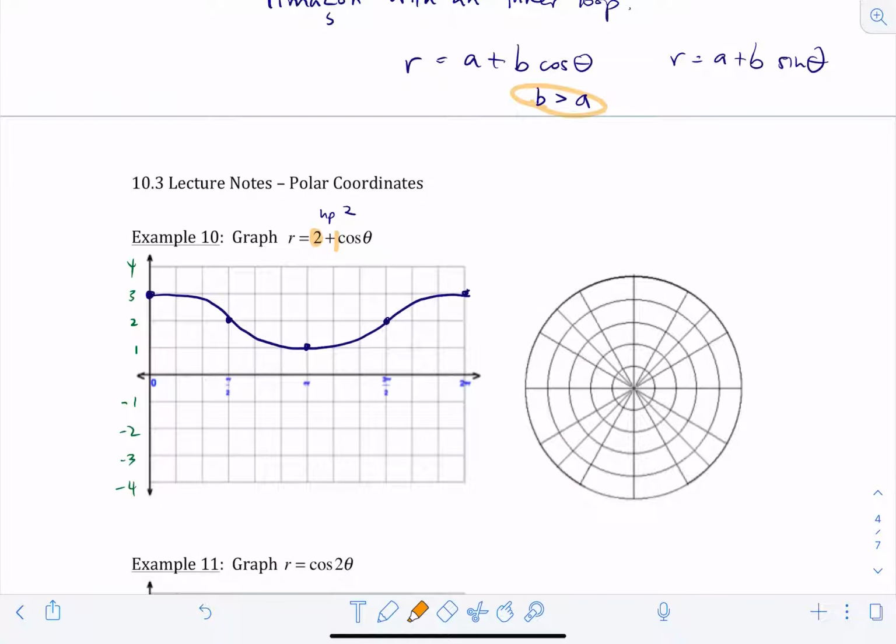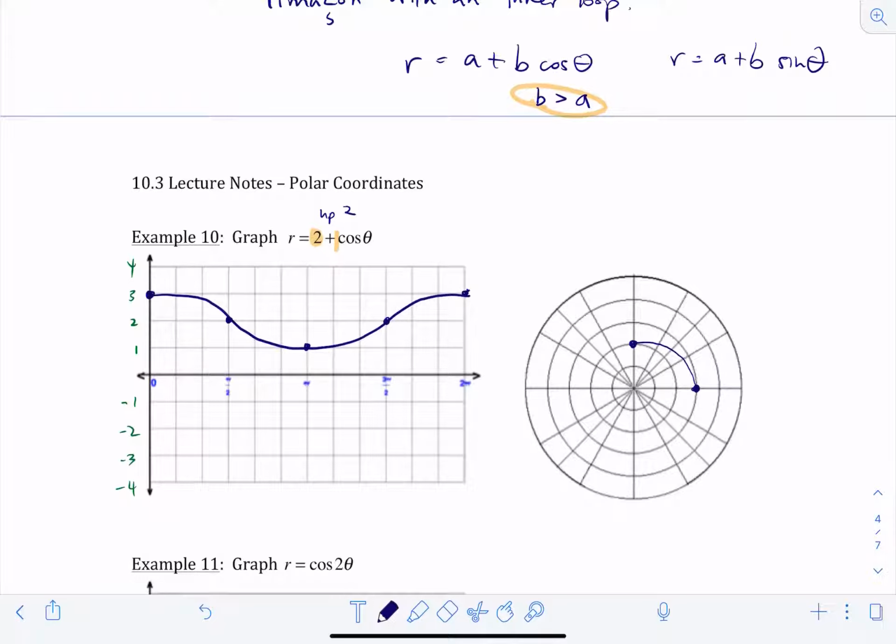When theta is equal to 0, you're facing this way, and you go out a distance of 3. So 1, 2, 3, put a point right there. Then when we get to pi over 2, you're facing this way, and you go out a distance of 2. So your radius is decreasing from 3 to 2 as theta changes.